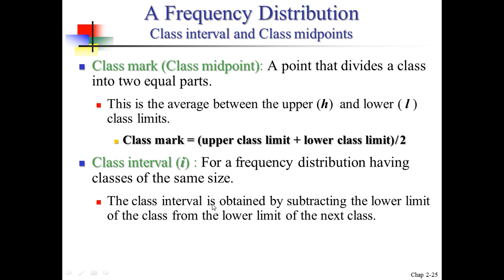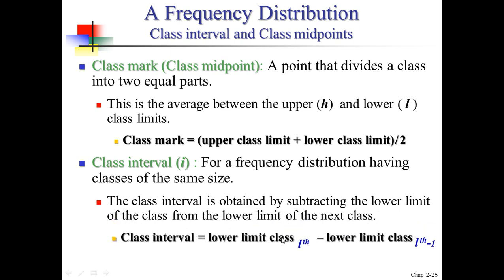The class interval is obtained by subtracting the low limit of the class from the low limit of the next class. Low limit of that class from low limit of the next class. Okay, class interval, for example, L7 minus L7 minus 1. L7 minus 1 is L6.